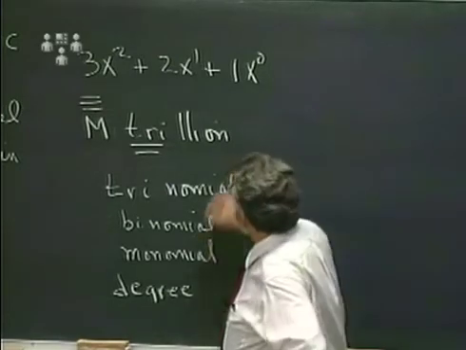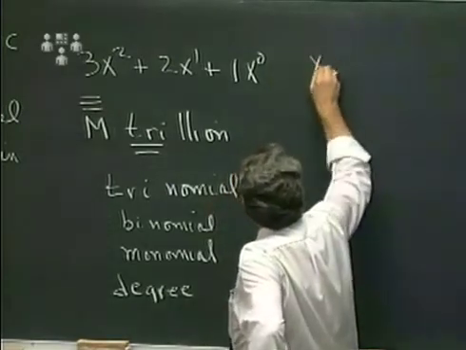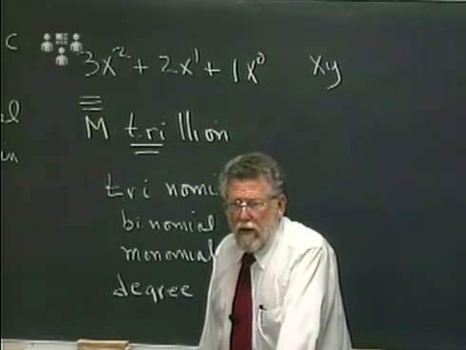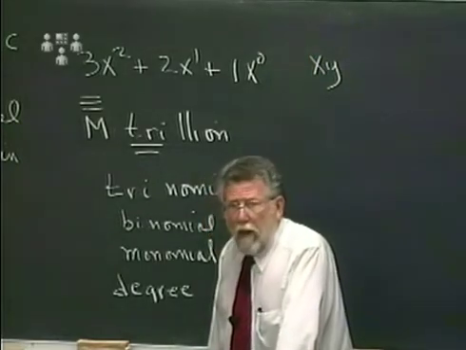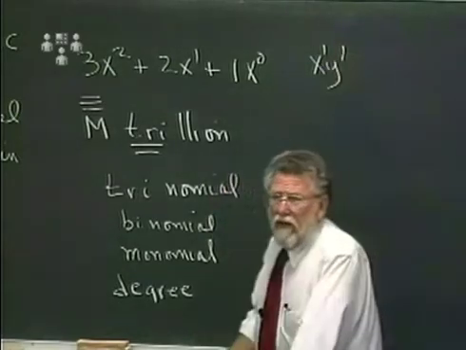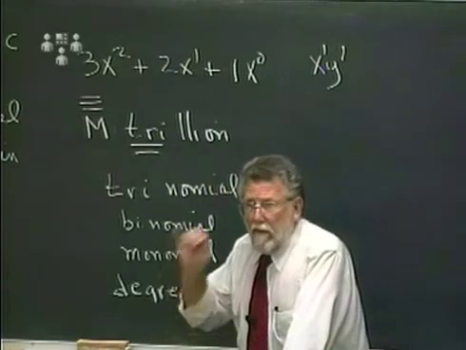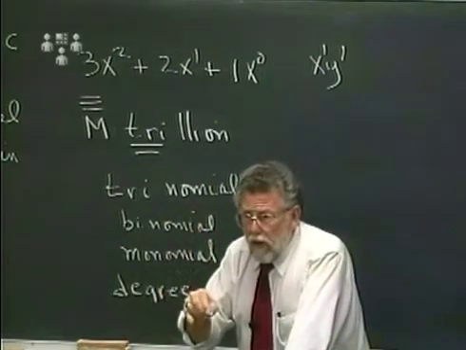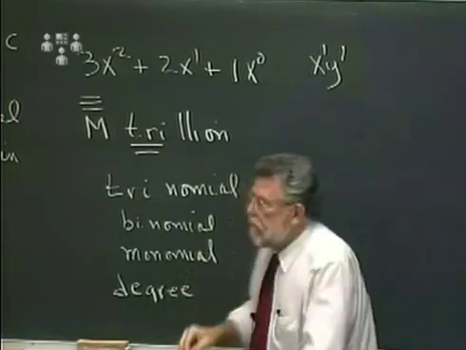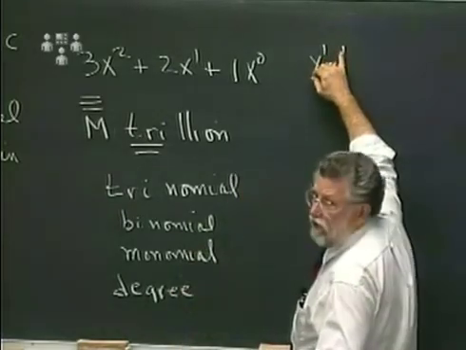Now I used this one as a contrast. Very simple monomial. But it had 2 variables. And what you aren't seeing is the 1 here and the 1 here for the exponents. If you have more than one variable in the term, add the exponents on the variables. 1 and 1 is 2.